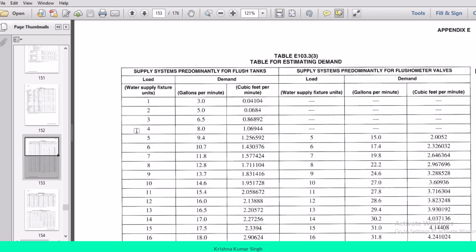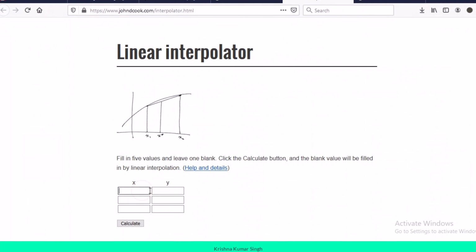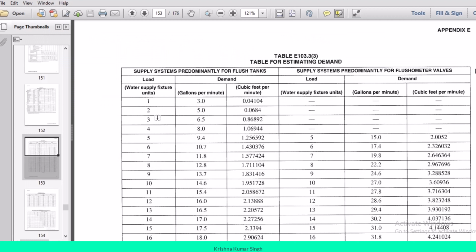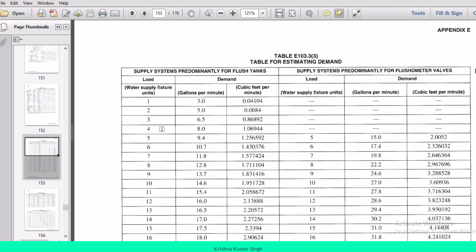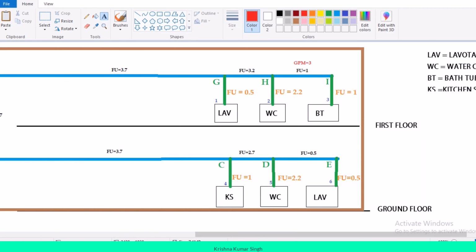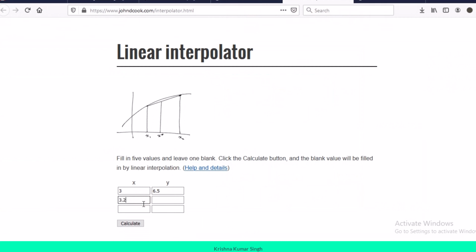So what you will do is assume this column as the value of x and this column as the value of y. The first x is 3. Write it down, 3. The 3 will give you 6.5 GPM, so y is 6.5. Now the in-between value is 3.2, and you don't know its GPM, so this calculator will give you this value.